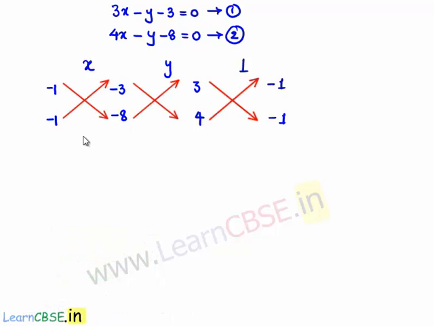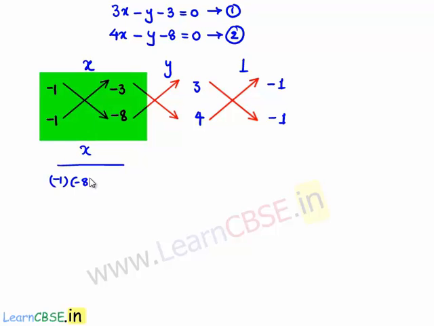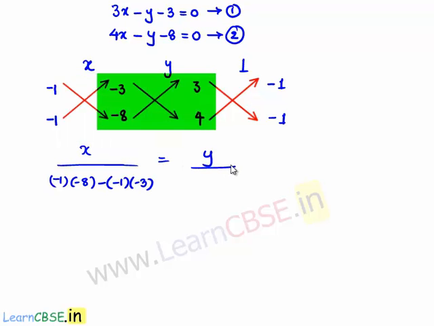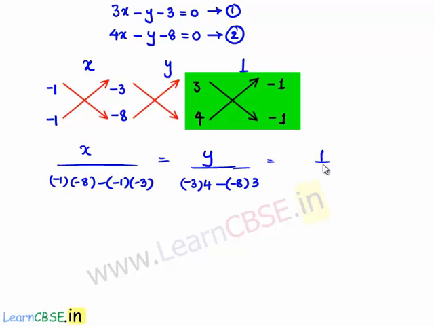Now by the method of cross multiplication, we can write x divided by minus 1 times of minus 8 minus minus 1 times of minus 3 is equal to y divided by minus 3 times of 4 minus of minus 8 times of 3 is equal to 1 divided by 3 times of minus 1 minus 4 times of minus 1.